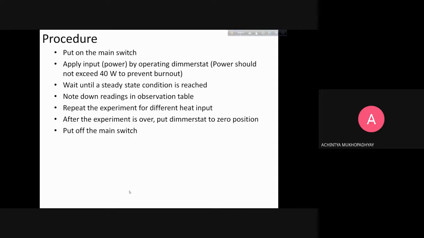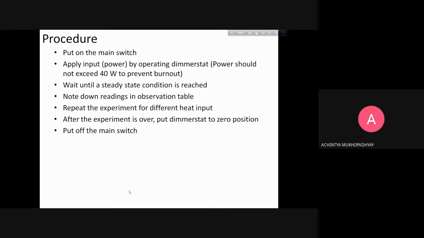So the heat transfer to the ambient is less than the amount of energy being supplied, or at least it will be different from what is being supplied. Okay. So once the steady state is reached, you note down the readings in the observation table. Basically, here the readings will be the readings of the 10 thermocouples at the 10 different positions. After this is done, you repeat the experiment for a different heat input.